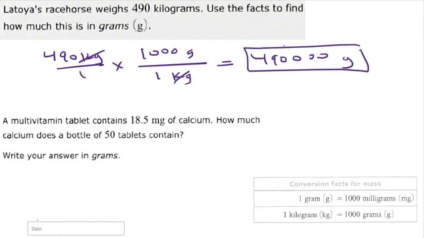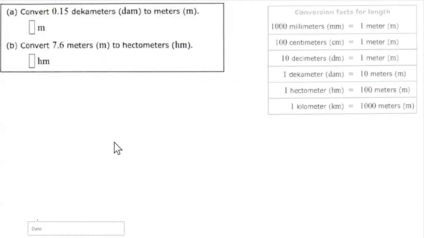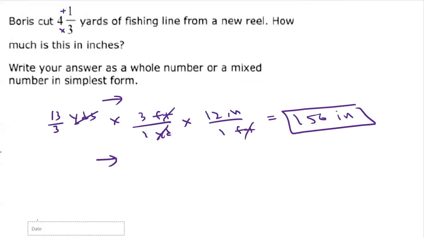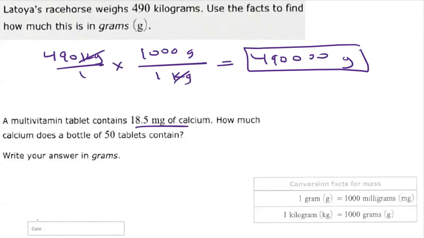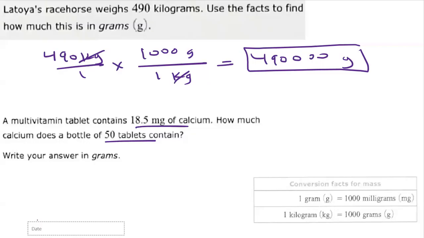The second one says we have a multivitamin tablet that contains 18.5 milligrams of calcium. How much calcium does a bottle of 50 tablets contain? So how do we do this one? I'm going to start off with the 18.5 milligrams divided by 1. Then I need to use my conversion here.